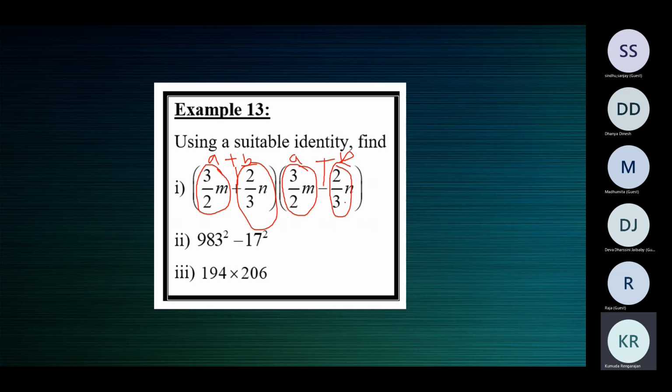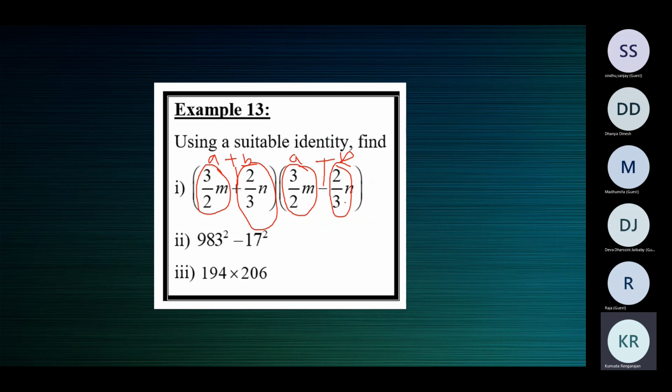That means in the two brackets, we have the same terms, but the connecting sign is plus and minus. Plus in one and minus in the other. 3/2m, 3/2m. 2/3n, 2/3n. In both the brackets. The first bracket, the two terms are connected by a plus sign. In the second bracket, the two terms are connected by a minus sign.